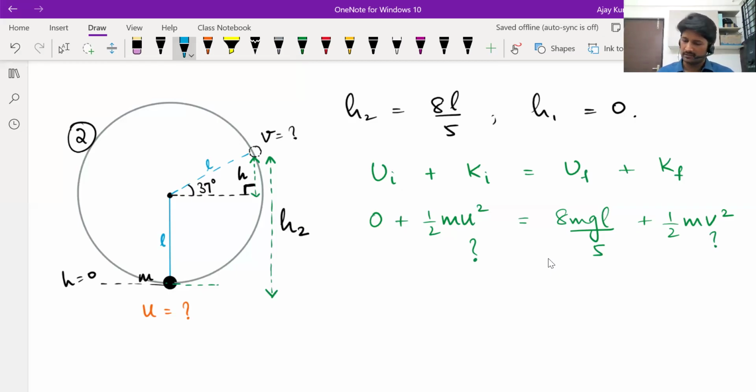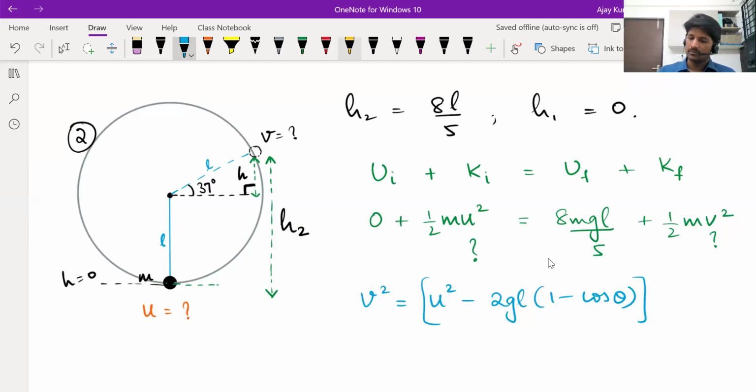We have the formula for V square: V square is equal to U square minus 2gL into 1 minus cos theta. Now in place of V square, she is suggesting we substitute this. But if you substitute that, you are bringing theta into the equation. So Vanilla, just one more step and you can solve this. How much is the total theta by which the string rotates?